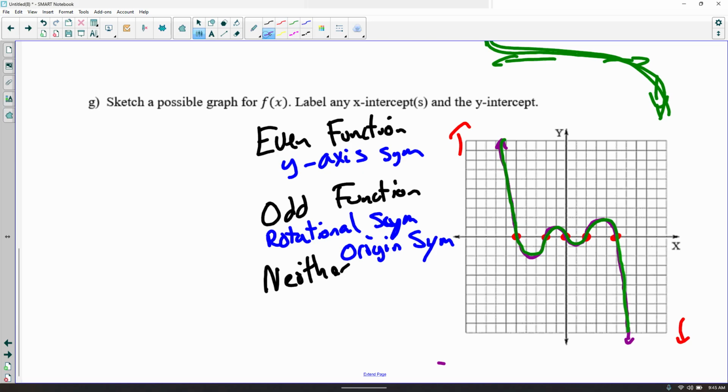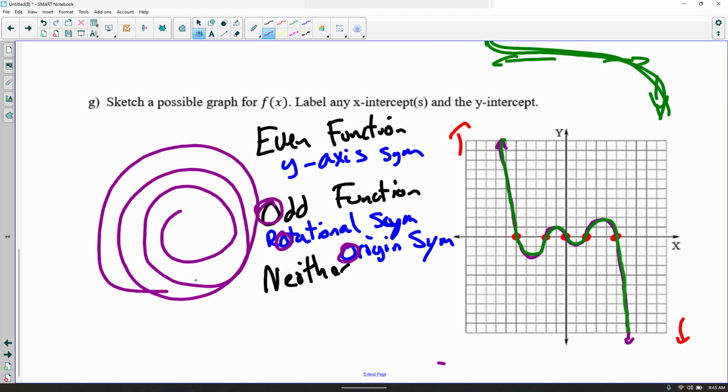Now, why this is special is because rotation has an O in it, and origin has an O in it, and it reminds me that we're rotating around and around and around. Okay? So take a look at this green one right here. Watch me. Bam, there it is. I did pretty good. It wasn't perfect, but pretty dang close. But this one would have what we call origin symmetry, or it would have what we call rotational symmetry.